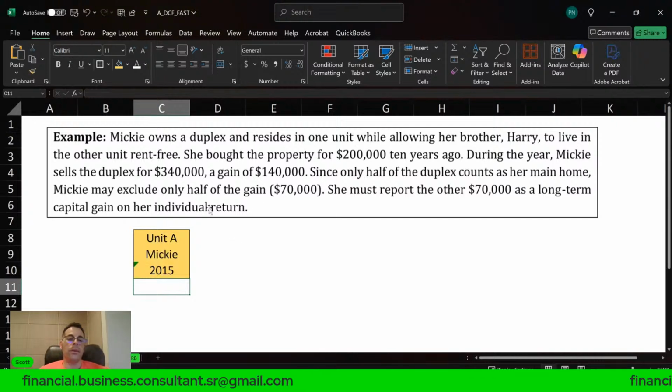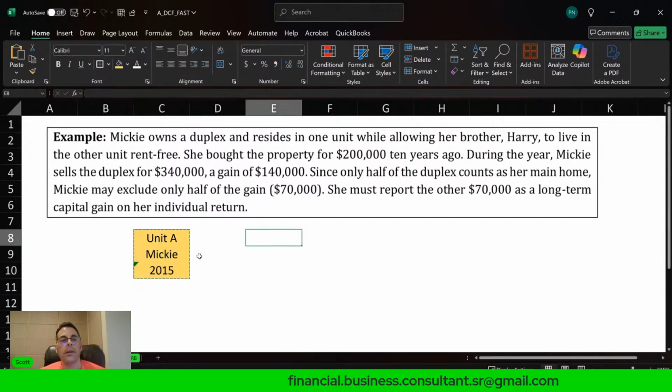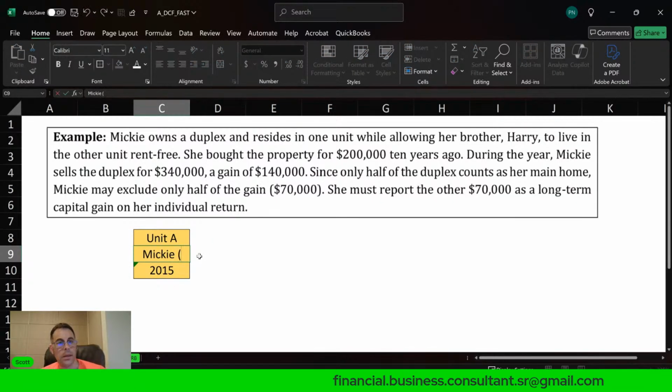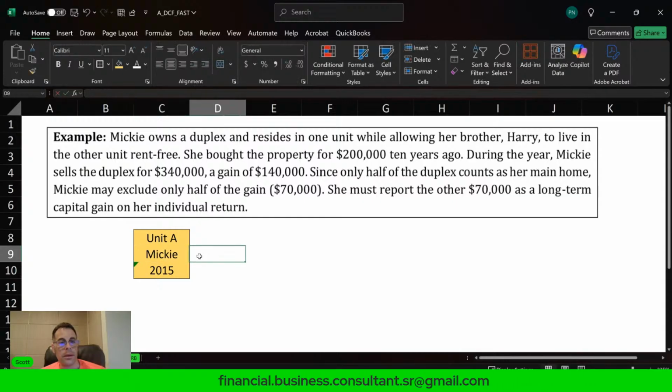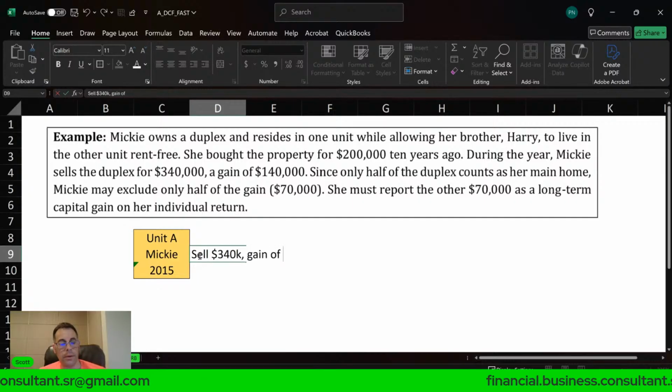When I study, I like to write it out like this. The visual helps me remember it better. Okay, sure. During the year, Mickey sells the duplex for $340,000, a gain of $140,000.